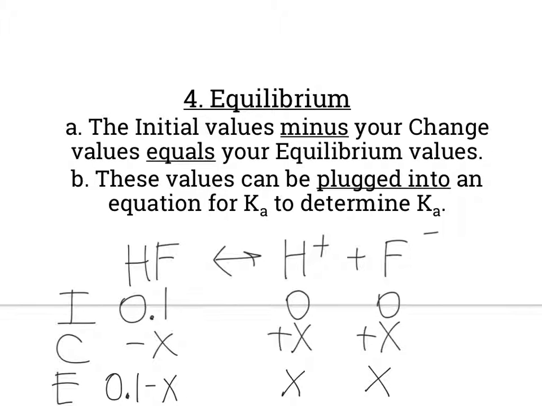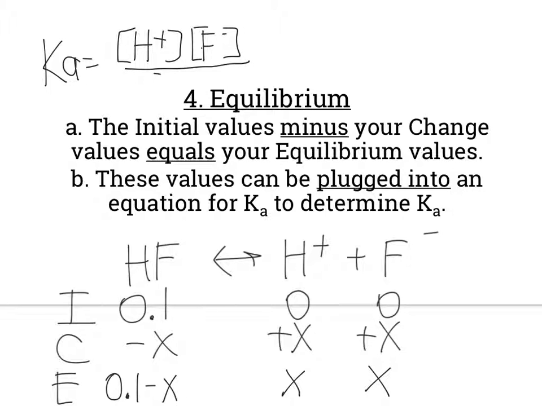These values are then plugged into an equation for Ka in order to determine our Ka. So, as a reminder, our Ka is based the same way as equilibrium constants would. So for this case, it would be H plus times F minus over HF, which is products over reactants.